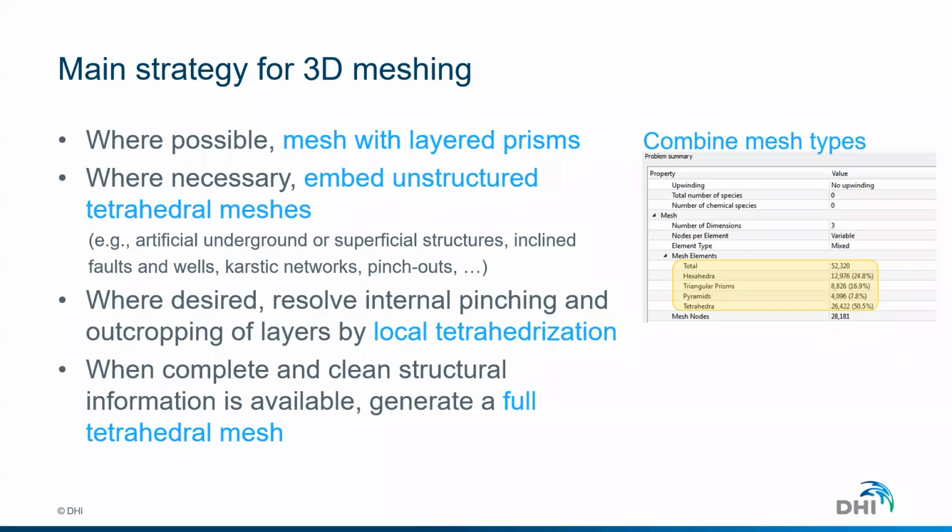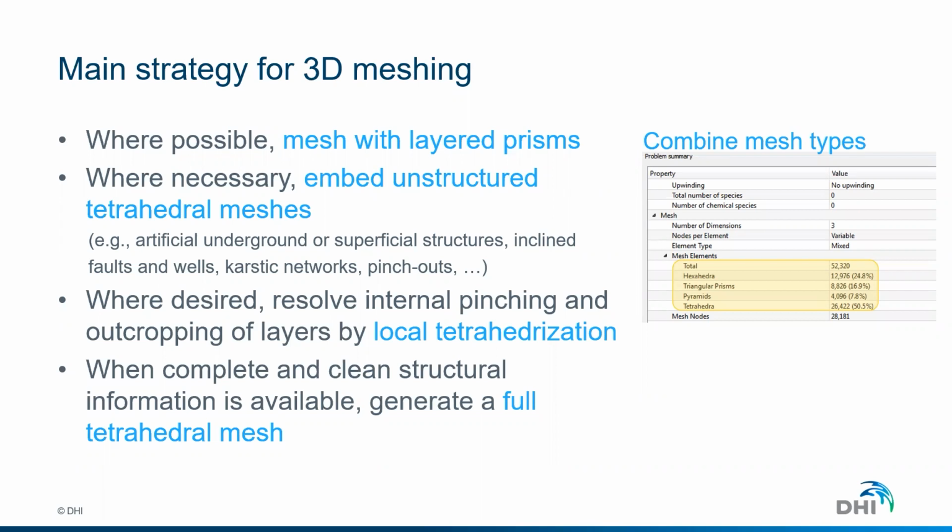Okay, so back to the topic of meshing. What are the possibilities that we have in FEFLOW, or what we were suggesting in the last years until the last release? You can always go for layer-based models or with prismatic elements because these are easy to build and easy to maintain.